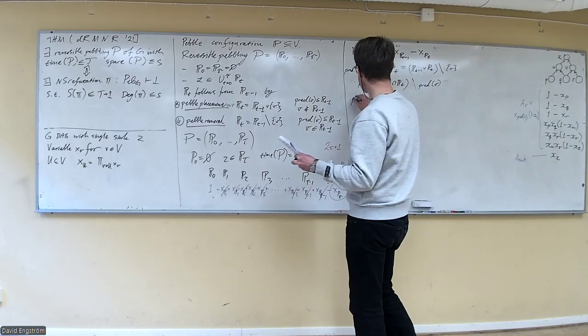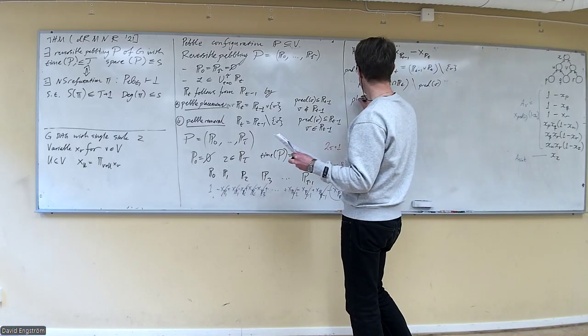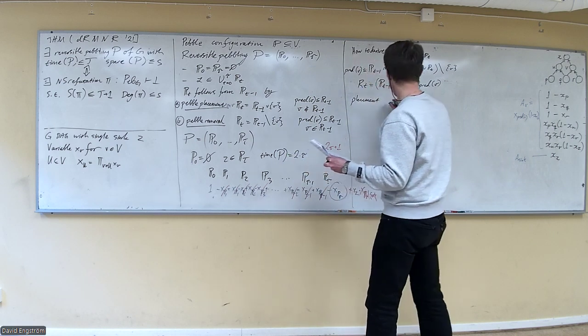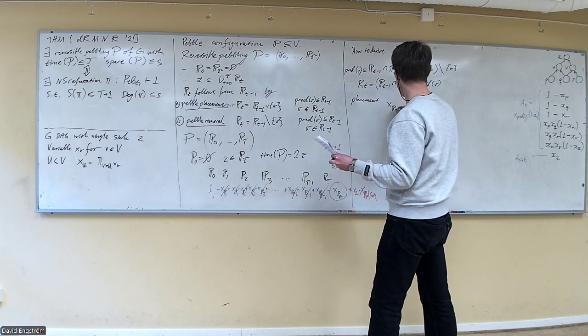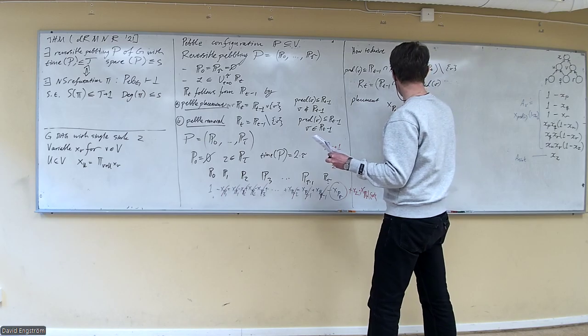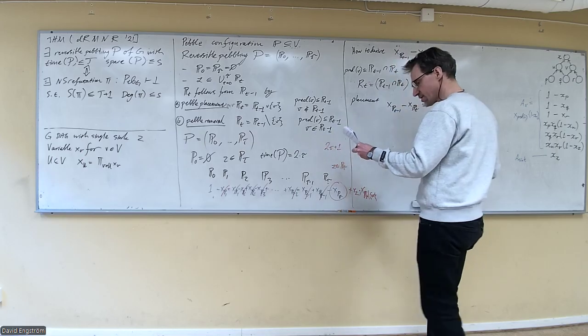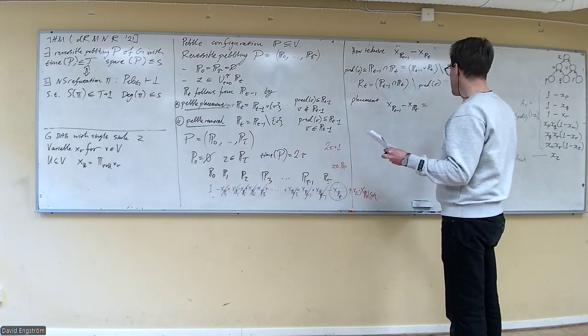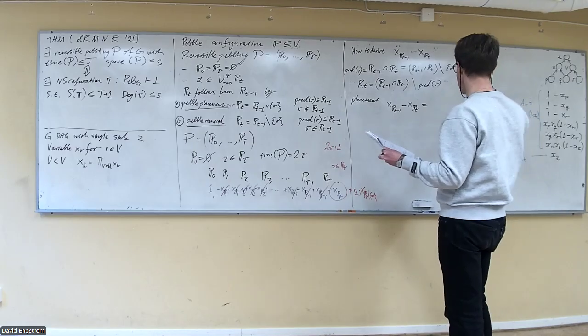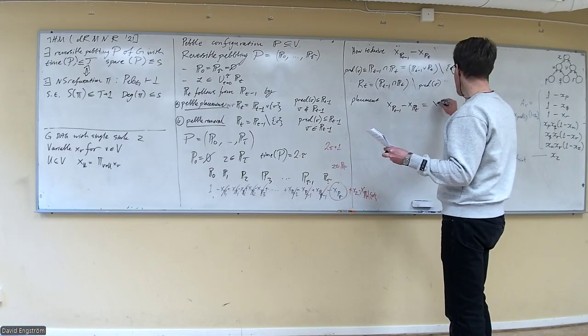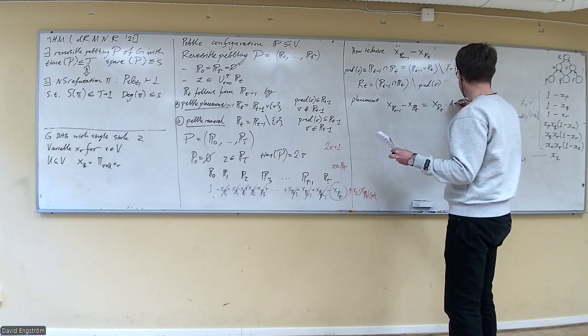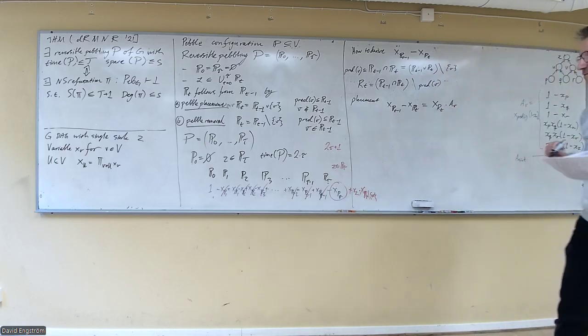Okay. And now I just have two cases. For pebble placement, I claim that x pt minus 1 minus x pt is just going to be x RT times the axiom for v.